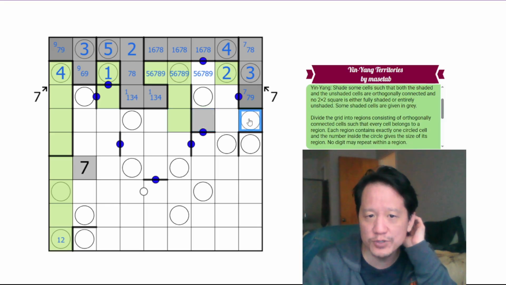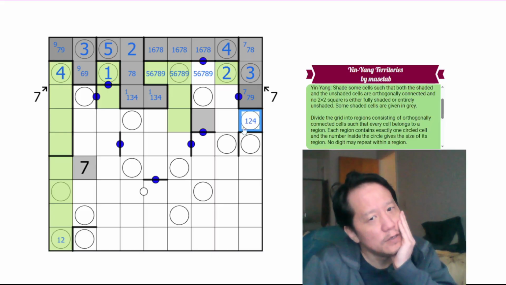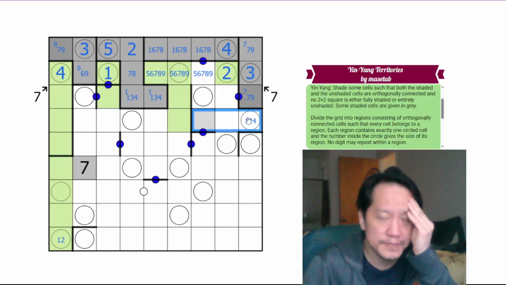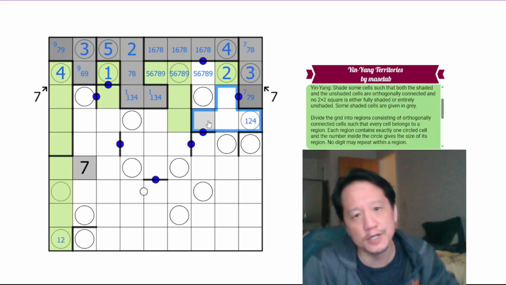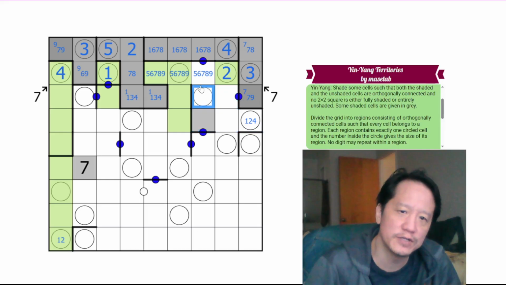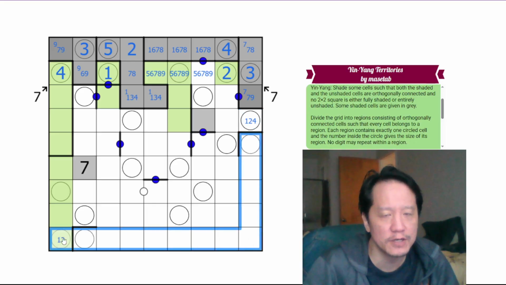So this is up to 4. It could be 1, 2, or 4 here. If it's 4, it's shaded, and then this must be unshaded. If it's 1, then that means this is green, which means the rest of this is green, which is possible.